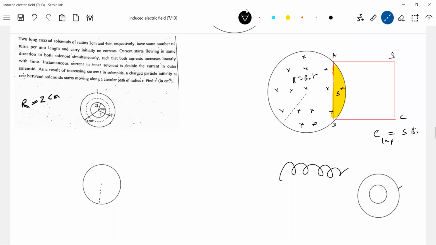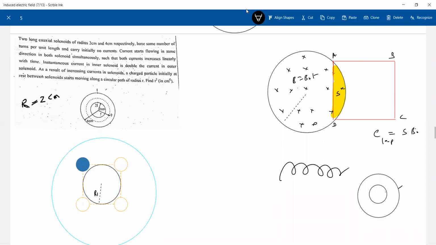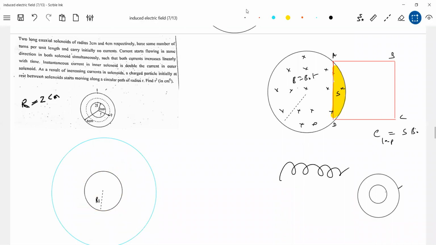The radius of this, let it be R1. Then there's another solenoid. The radius of that, let that be R2.